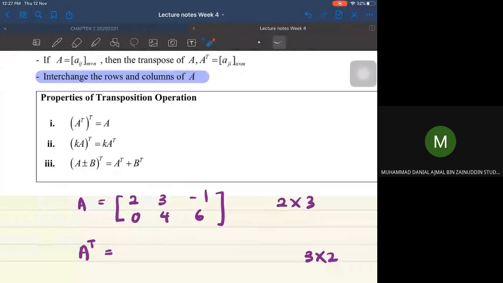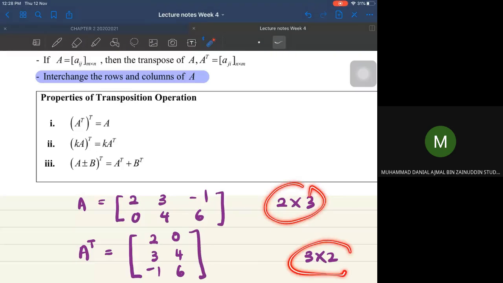Okay. So you will have, first row will be the first column. So you have 2, 3, negative 1. Second row will be second column. So 0, 4, 6. So this is the transpose matrix. Bila kita cari the transpose matrix, kalau matrix tu bukan size yang sama, dia akan berubah punya size ni.